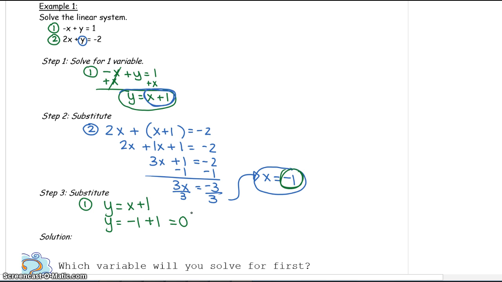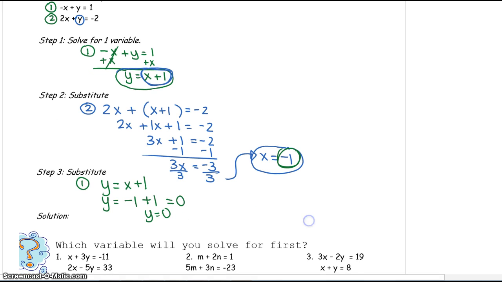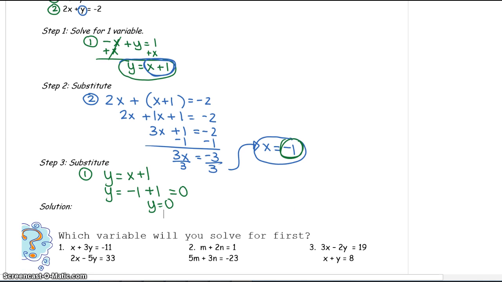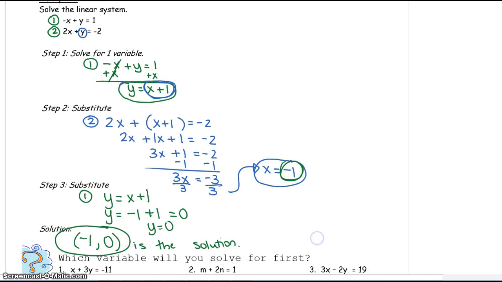So now we know that x equals negative 1 and y equals 0. But we're not done because we do have to write this as a solution. And the solution is a point. It's at negative 1 for the x, comma 0 for the y, and that's our final solution. That's the final answer.